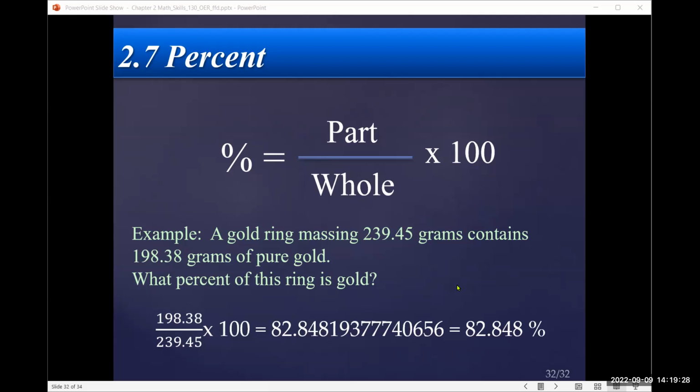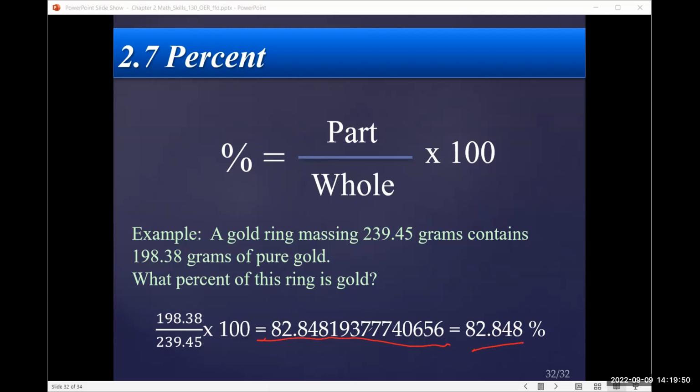82.84819, etc., etc. Right? That would be incorrect to give your answer in that format. Why? Because your sig figs determine your answer. So your numerator has 5 sig figs, your denominator has 5 sig figs, therefore your answer should have 5 sig figs.